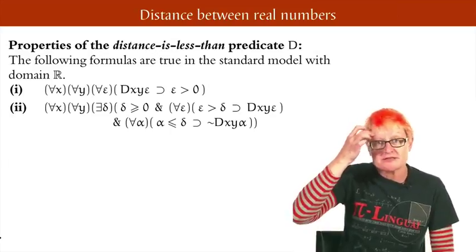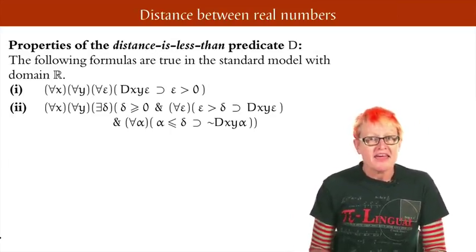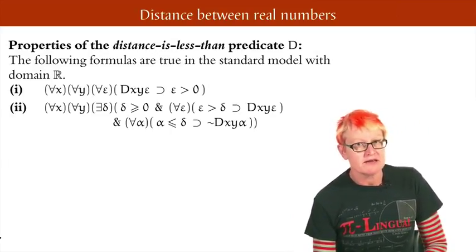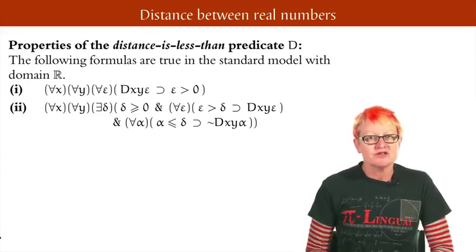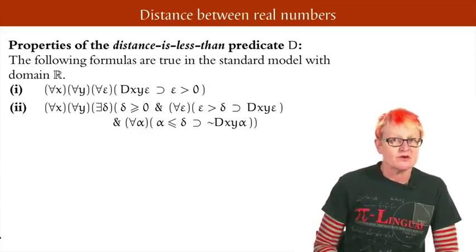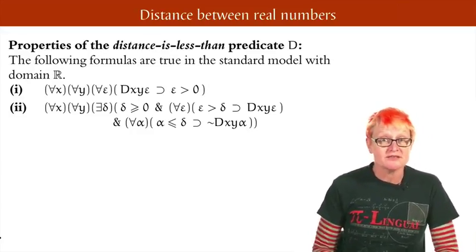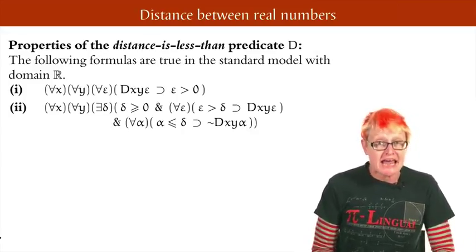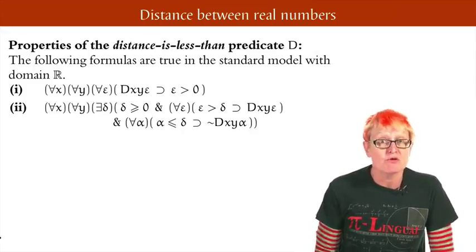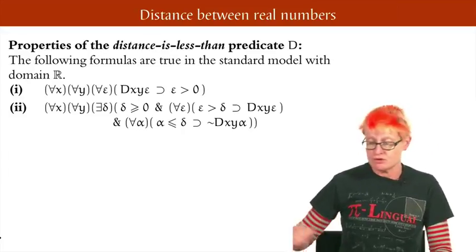The next formula expresses that for all x and y, there is a number delta that is the actual distance between x and y, and this is shown by the fact that d(x, y, epsilon) is true whenever epsilon is greater than this delta, and not d(x, y, alpha) is true for all alpha less than or equal to this delta.